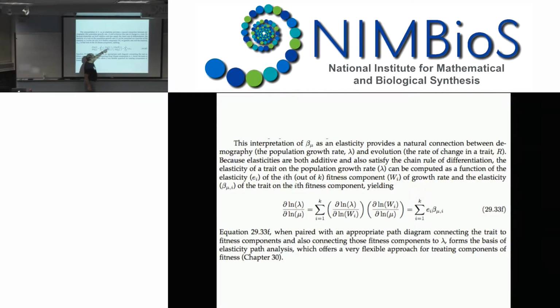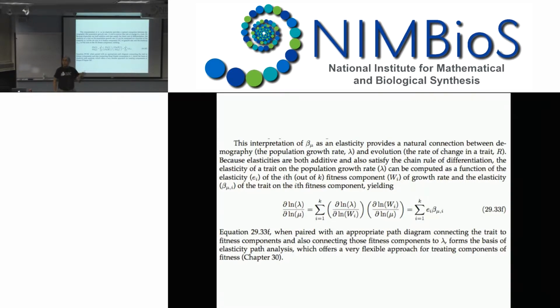So this expression here says, this is the elasticity of overall growth rate with respect to fitness component i. This is the elasticity of fitness component i with respect to change in that trait. And I can simply write that as the elasticity of fitness component i times the mean standardized gradient of the trait.